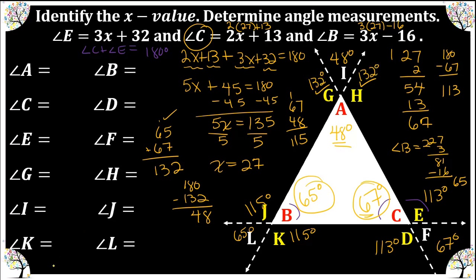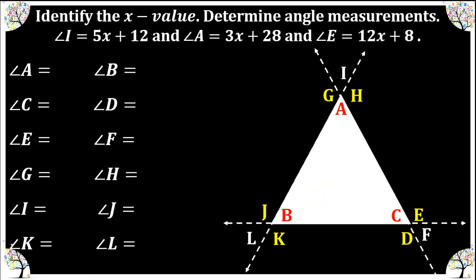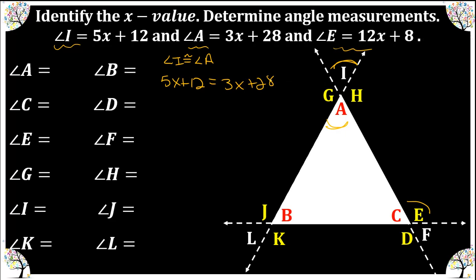Let's take a look at one more example. In our diagram, we know something about I, we know something about A, and we know their relationship is they equal each other, and then they give us something about E. So we know I equals A. So we're going to have angle I is congruent to angle A. So we're going to substitute 5x plus 12 is equal to 3x plus 28, and we're going to solve.